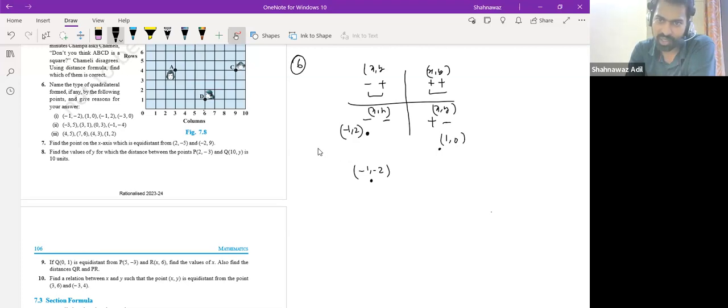And then we have (-3, 0), right? So is this diagram clear to you guys?